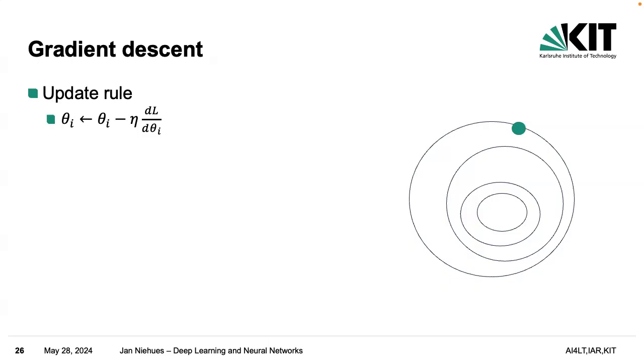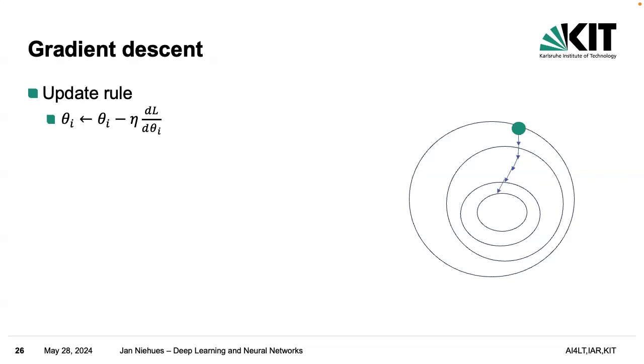So if we think about that, we are going a bit in the direction of the derivation, or if we're minimizing, in the different direction. So if you see that here, we're calculating the derivation and then going, or the negative derivation going in this direction, then we're going a bit more, and always following the direction and always reevaluating at this point.